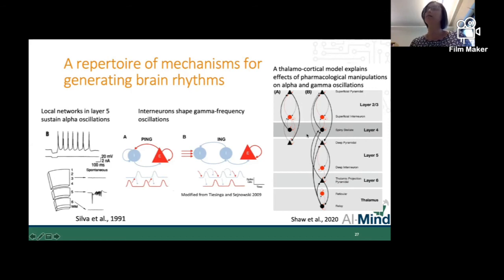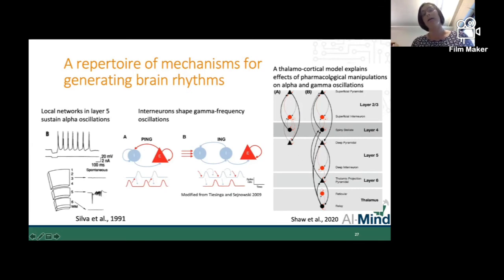Then there are models that also investigate the role of input from the thalamus on these oscillations, especially during sleep. It's known that thalamic input is important for alpha frequency oscillations.